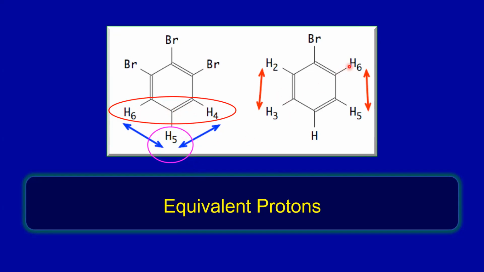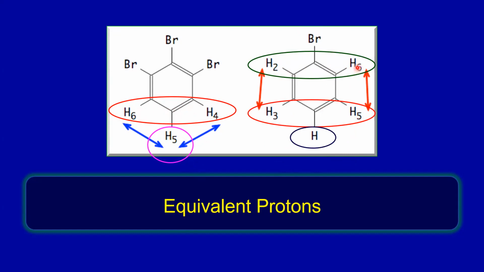These 2 protons are in a similar environment, these 2 protons are in a similar environment, and this proton is altogether in a different environment. So naturally, this compound should give 3 signals, 3 sets of different protons. Yes, 1, 2, 3.